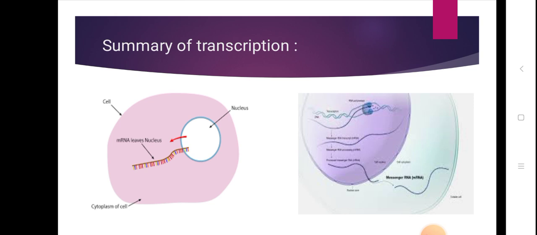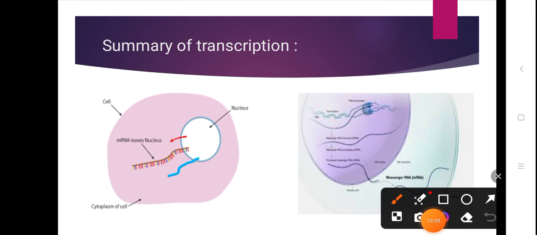And this is a summary of transcription inside the nucleus. Here we have the formation of what? Formation of mRNA. So mRNA is formed inside the nucleus, but after its formation the RNA leaves the nucleus through the pores that are called nuclear pores, and goes to the cytoplasm, the site of protein formation.